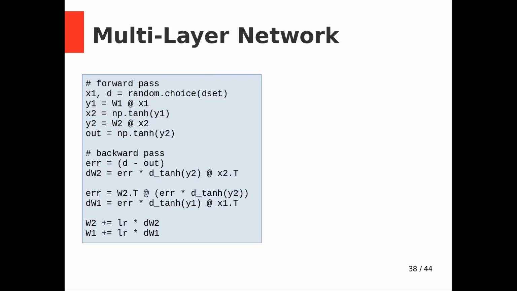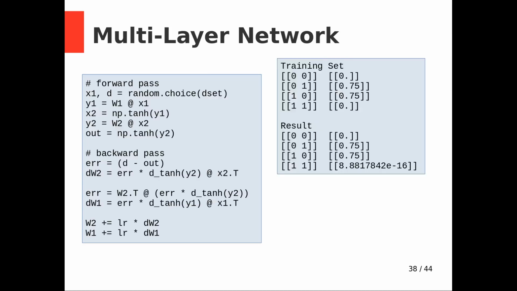So what about the XOR rule? Well, excuse me, we see that it does a superb job. We get pretty much exactly the target we wanted, and then we get 8.8 times 10 to the negative 16.